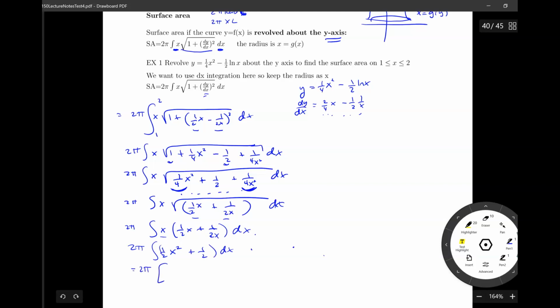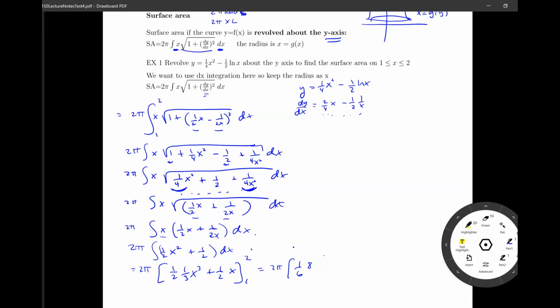So 2 pi, taking the antiderivative, so 1/3 x cubed plus 1/2 x, and then I get to evaluate at the limits of integration. So I get 1/6 times 2 cubed, right?